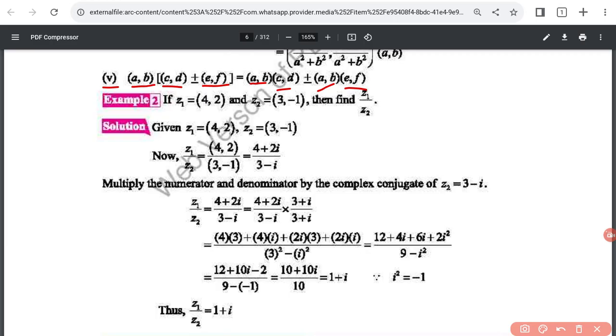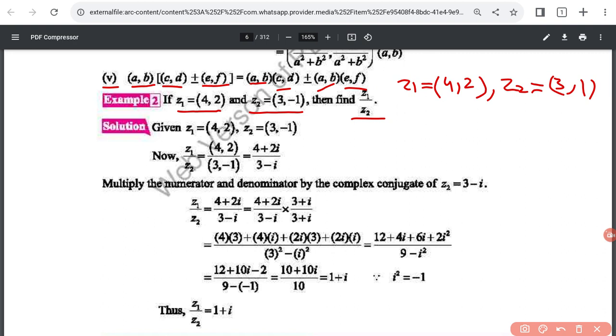So now we move towards example 2. In example 2, z1 is equal to (4, 2) and z2 is equal to (3, -1). Then we have to find z1 over z2. So z1 we have (4, 2), and z2 we have (3, -1).